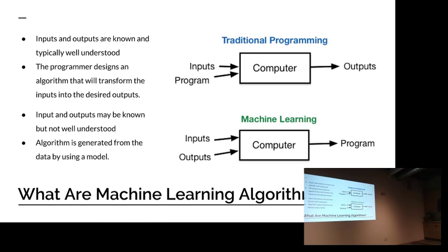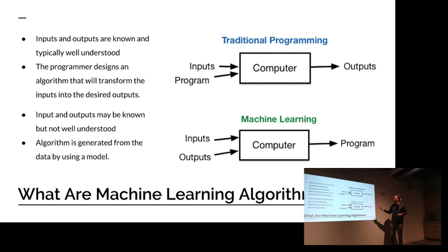Could you go through a really quick example of what those things are, illustrating there? Yeah. For sorting an array, an input would be the array itself, the program would be the function to sort the array, and what you get out is the sorted array.